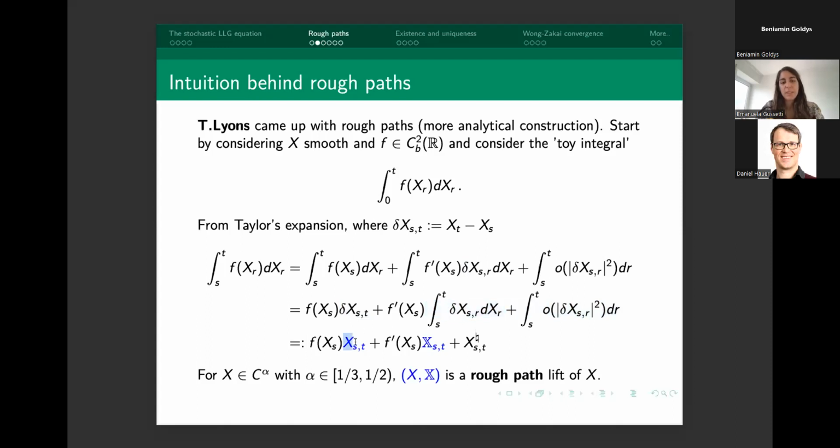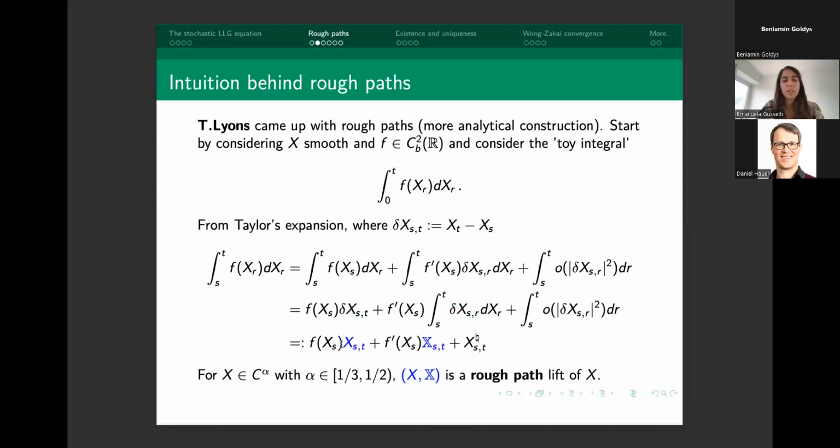We can define these two objects. Let's call the first iterated integral this increment, and the second iterated integral this other integral. And this is our first rough path. So we have constructed the rough path, and in this way we have constructed the rough integral.